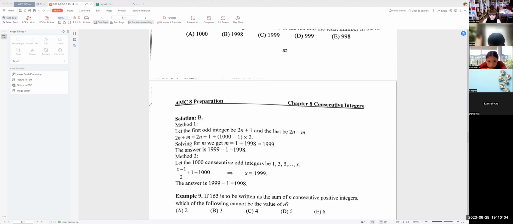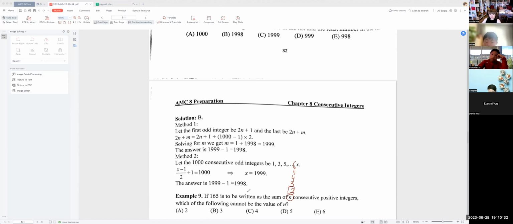Okay, so everybody, how do we do this one? We have 165 to be written as a sum of n consecutive positive integers, okay? So Chapter and Daniel probably have a question: what does n mean? n could be anything. It could be 2 consecutive positive integers, 3, 4, 5, or 6. Get it, Victoria?